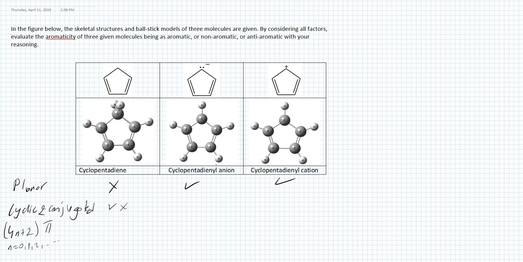Let's look at the second and third molecules. They are cyclic for definitely. And how about the conjugation? Let's look at this molecule, cyclopentadienyl anion.